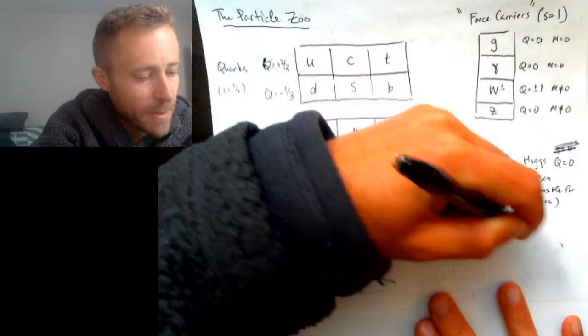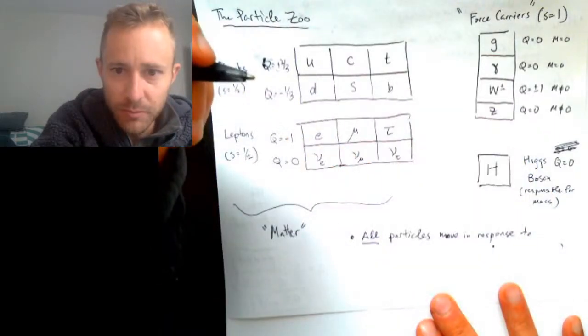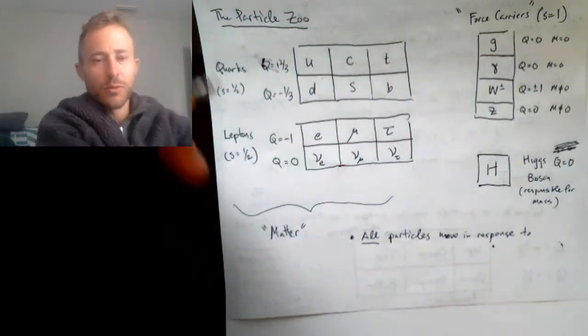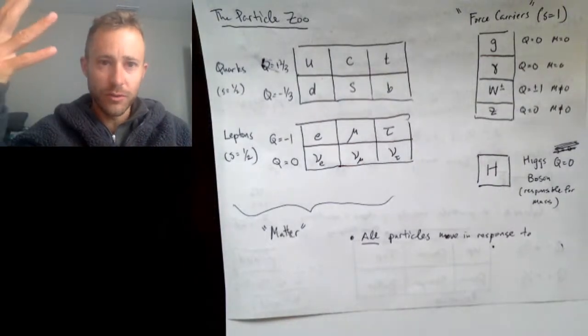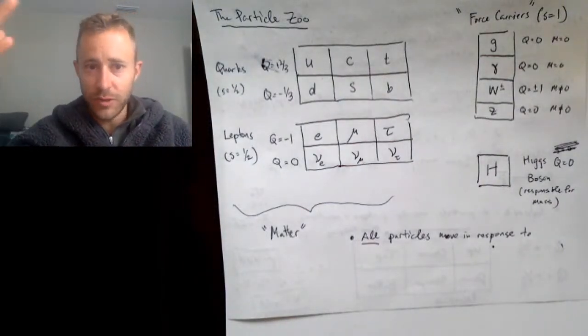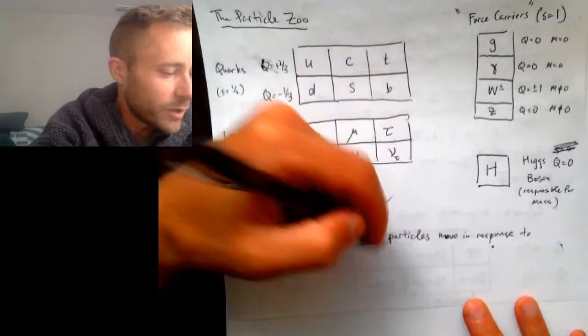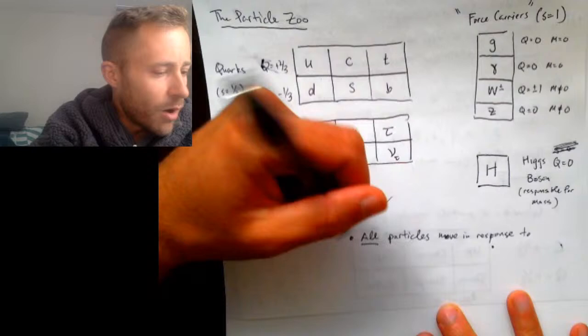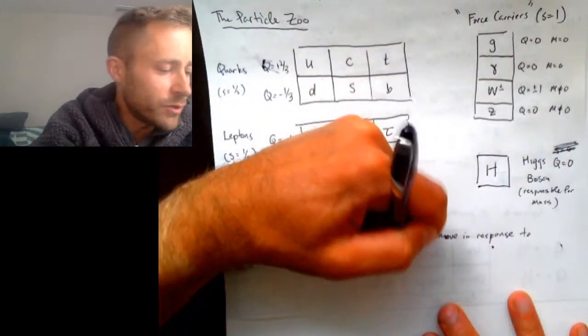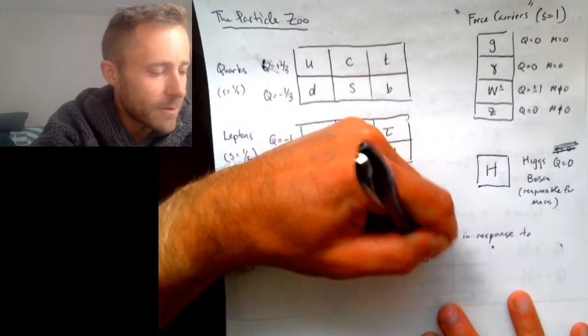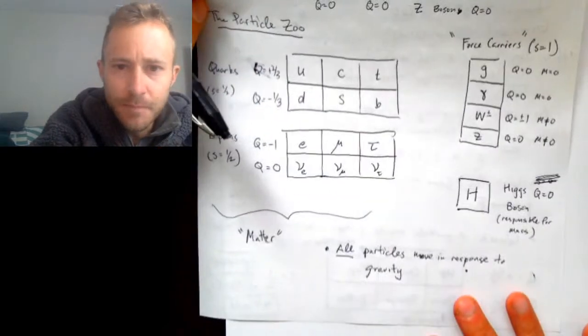It's just the weakest force. But even though it's the weakest force, all the particles react to it, which is not the case for some of the other forces, as we'll see in a second.